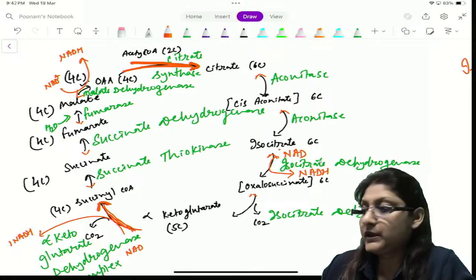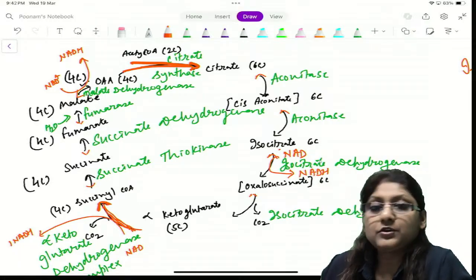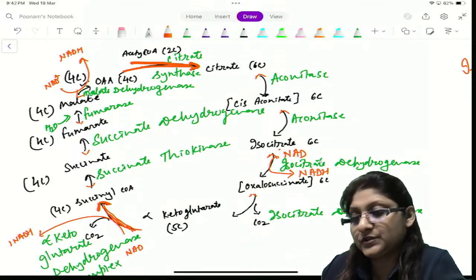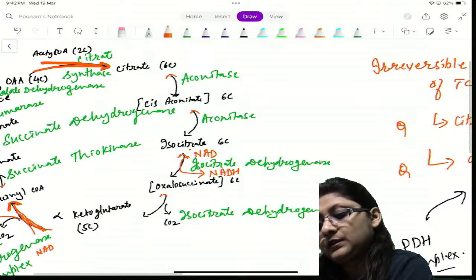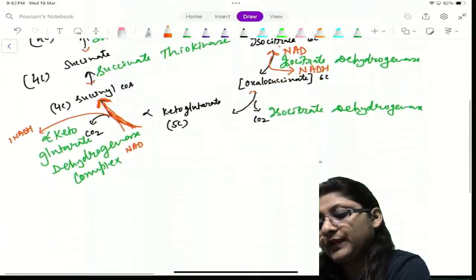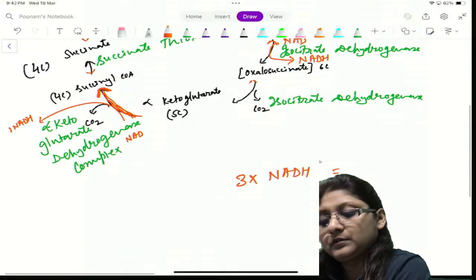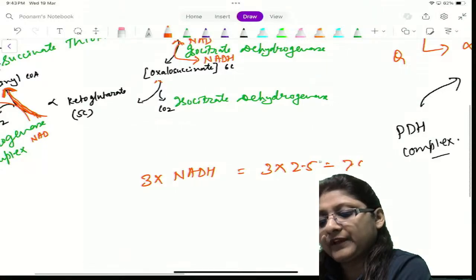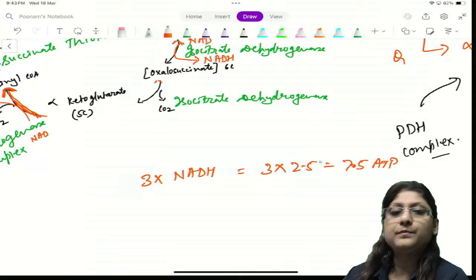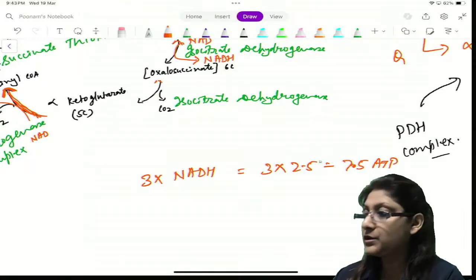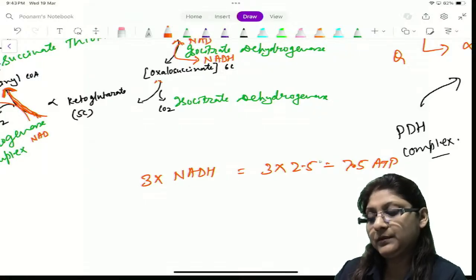One is isocitrate dehydrogenase, another is alpha-ketoglutarate dehydrogenase, and third one is going to be malate dehydrogenase. So we write it somewhere here that the number of NADH produced is 3, and this 3 NADH can generate you 7.5 ATP, because 1 NADH produces you 2.5 ATP. So 3 NADH, which is produced in this fashion, is going to generate you 7.5 ATP.